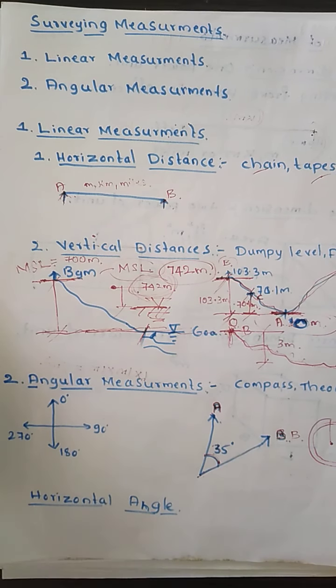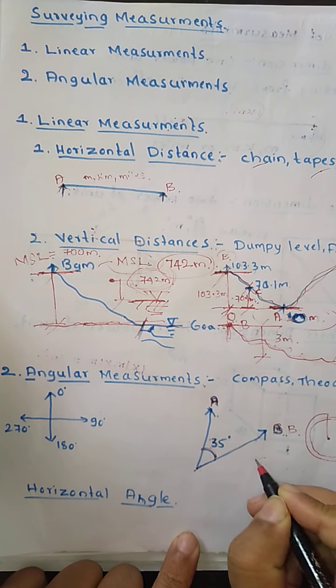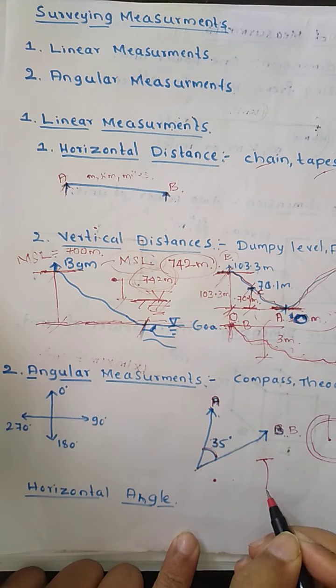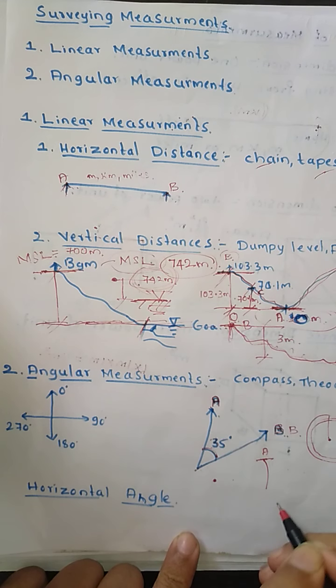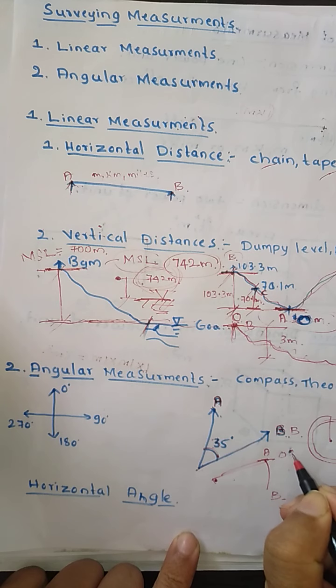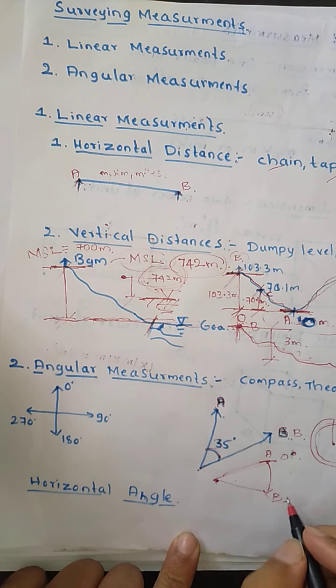This angular measurement again has two angles. One is a horizontal angle and the other one is a vertical angle. If you are going to measure the angle between the 2 points which are present in the same plane, if you are standing here and want to measure from A to B, here you take A at 0 degree, and B will be present at what particular angle.